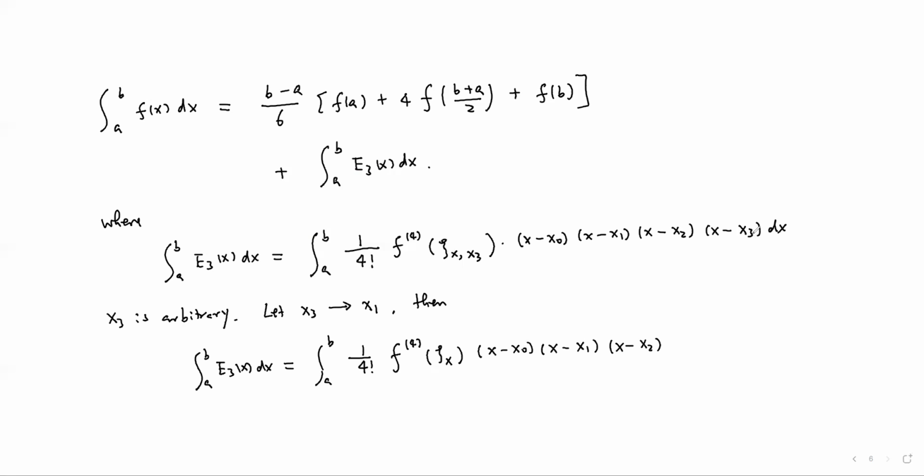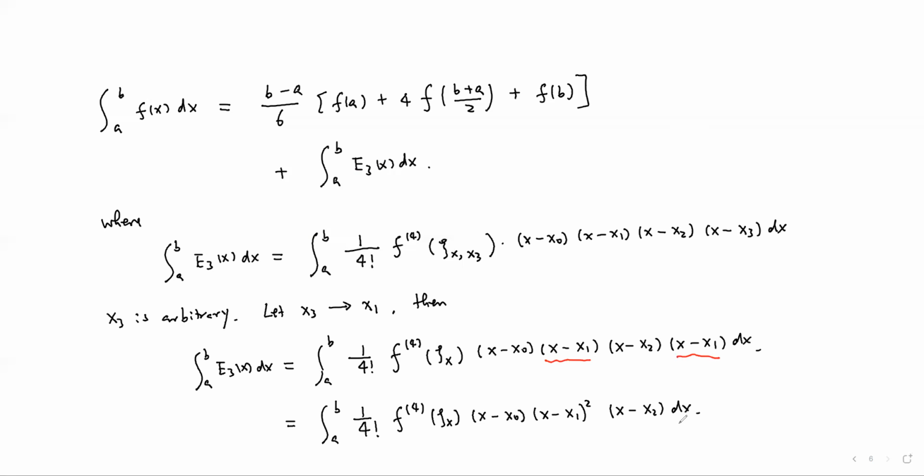Now x3 approaches x1, take the limit. Then therefore we have the fourth derivative. Combine this factor and this factor: (x minus x0), (x minus x1) squared, (x minus x2) dx.